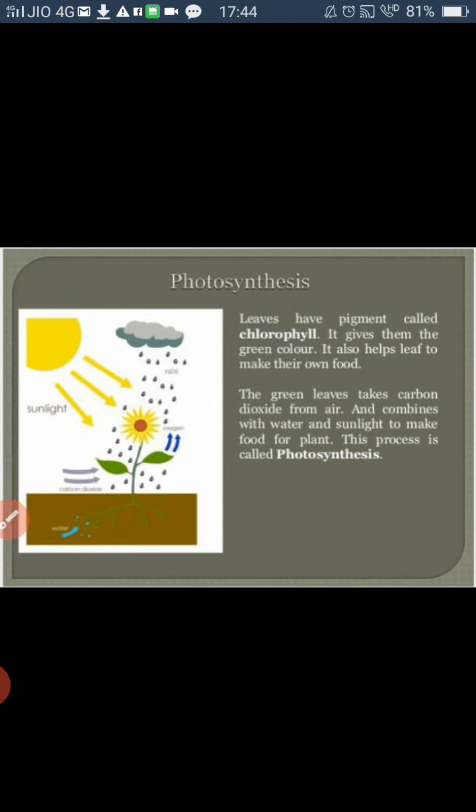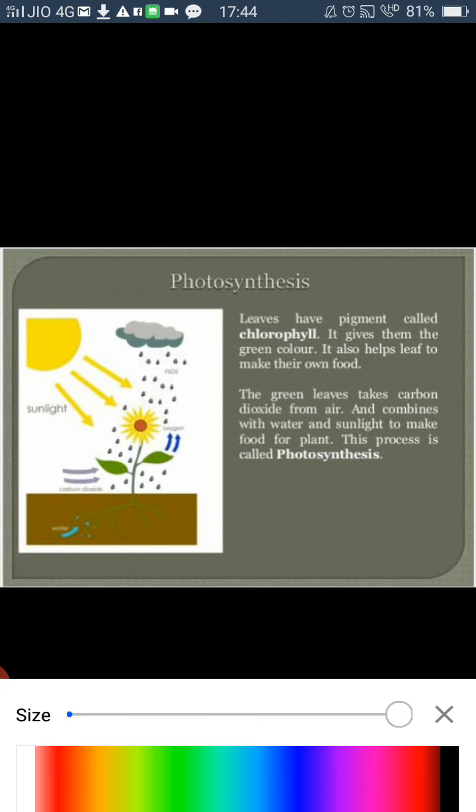And leaves have a pigment called chlorophyll. I already told you that the pigment present in the leaves is chlorophyll, which makes the leaves green in color. And the green leaves take carbon dioxide gas. This gas is taken from air, and with the help of water and sunlight they make the food.